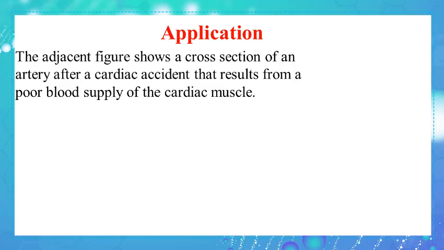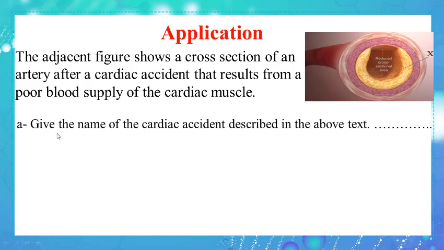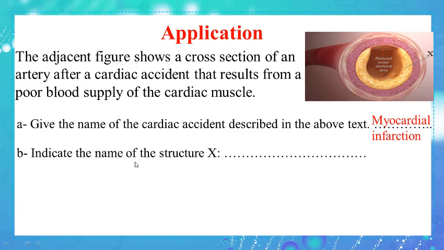Now we want to make a short application. The adjacent figure shows a cross-section of an artery after a cardiac accident that results from a poor blood supply of the cardiac muscle. Give the name of the cardiac accident described in the above text. It's the myocardial infarction. Indicate the name of the structure X. Sure, it's the plaque.